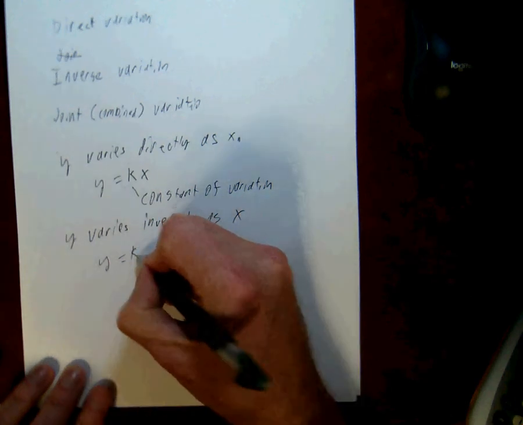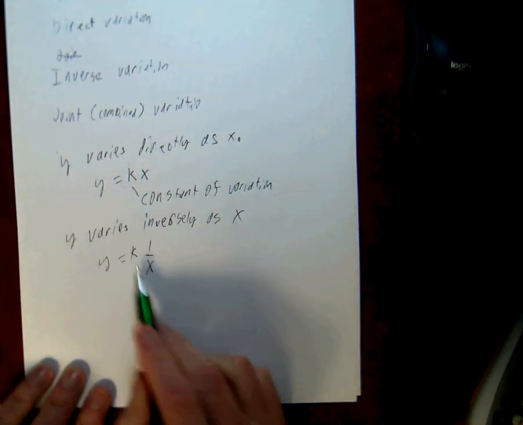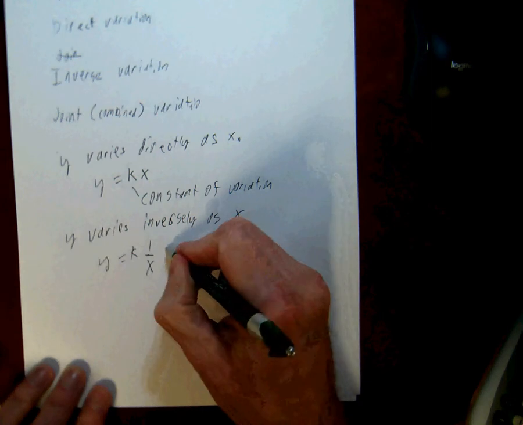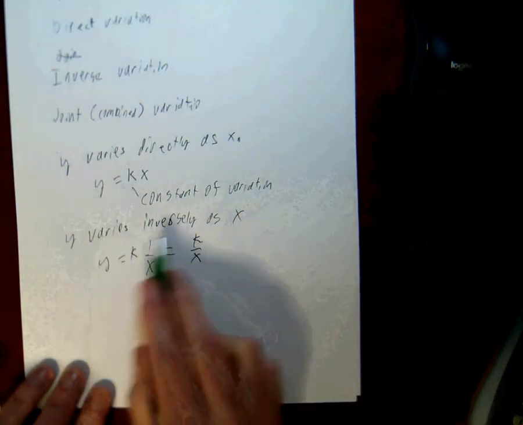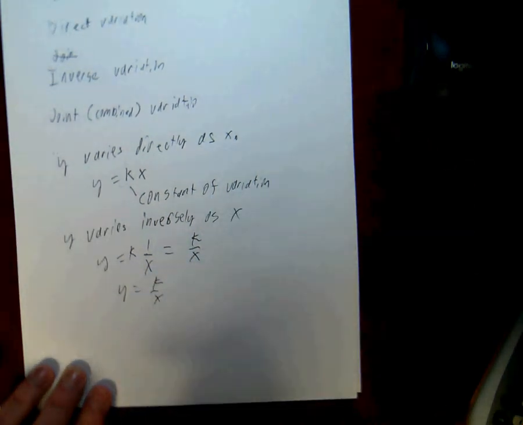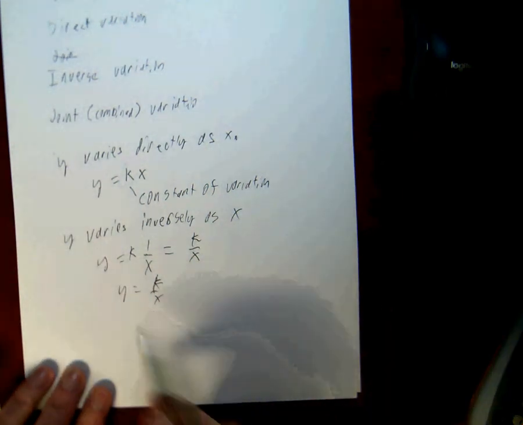Technically, inversely puts it's 1 over x, and you have your constant of variation. In practice, you usually write this as k over x. So if you see y varies inversely as x, you end up writing y is equal to k over x. And so you get this equation.